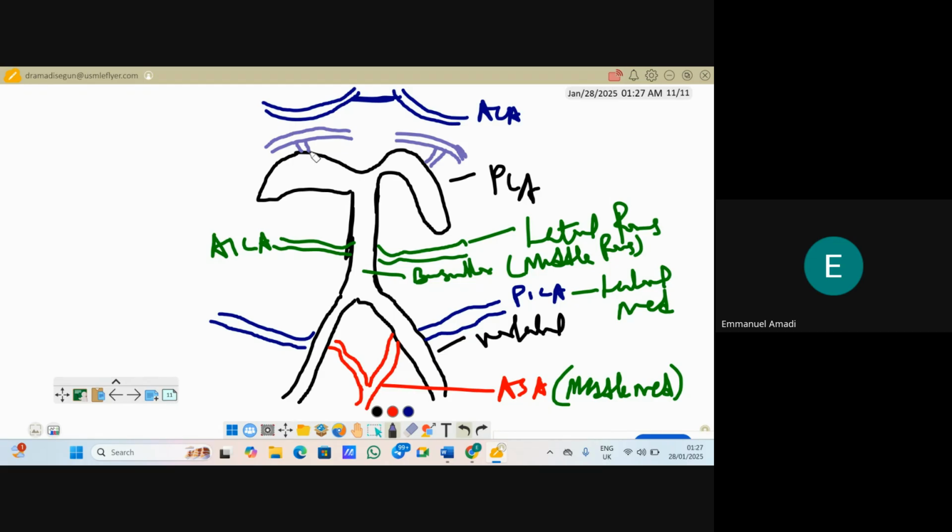Now, the final stroke I did not mention for you is what we call the lacunar stroke. For the lacunar stroke, there can be two main types of stroke. We could call it a pure motor stroke or pure sensory stroke. Lacunar strokes are strokes that are not mixed.